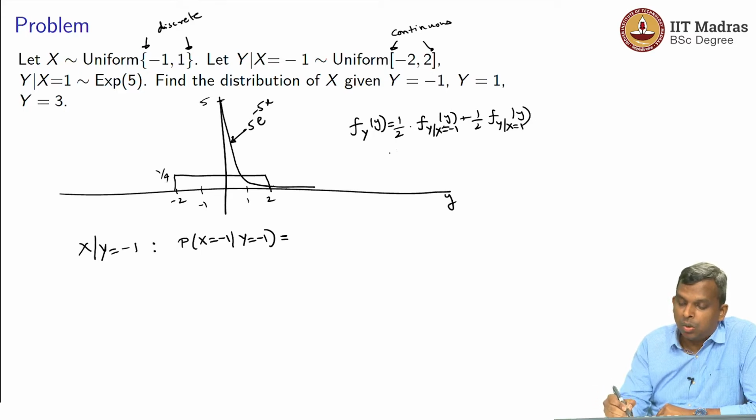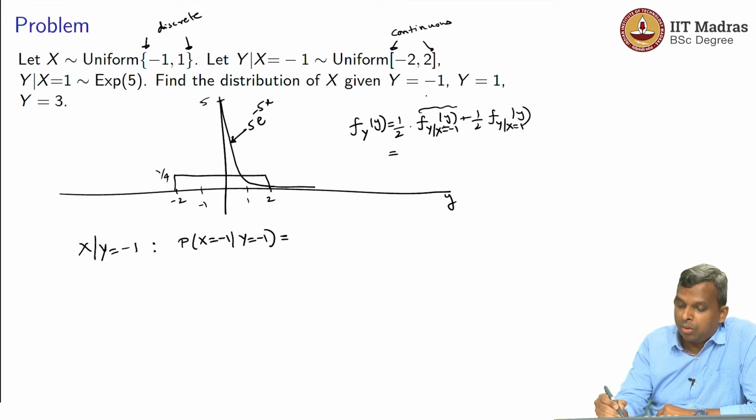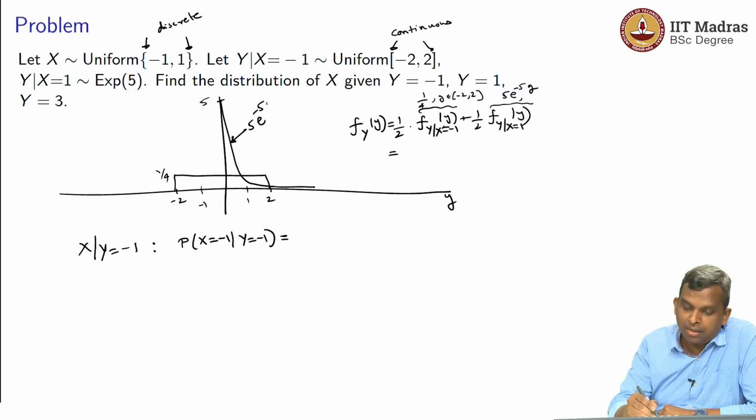Okay, so now you can sort of describe this. This is actually 1/4 for y in [-2, 2]. This guy is 5e^(-5y), I'm sorry, e^(-5y). Okay, forgetting my x's and y's here. I'm sorry about that. And that's for y positive.